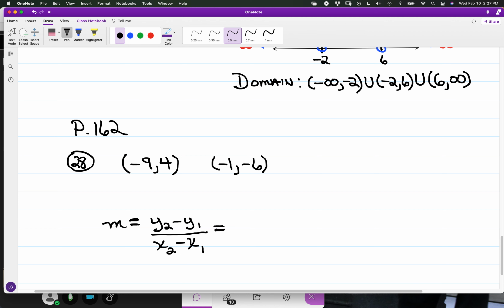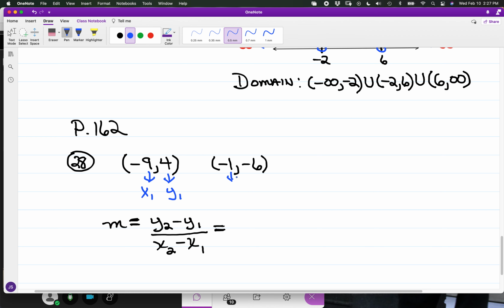As a bit of a visual guideline, almost like putting on blinders where this formula is concerned, keep in mind that all ordered pairs are of the form x and y. X is for the first coordinate, y is for the second. If we label the first and second sets of x and y values, we have -9, 4, and because this is given first, we'll let this be x1 and y1.